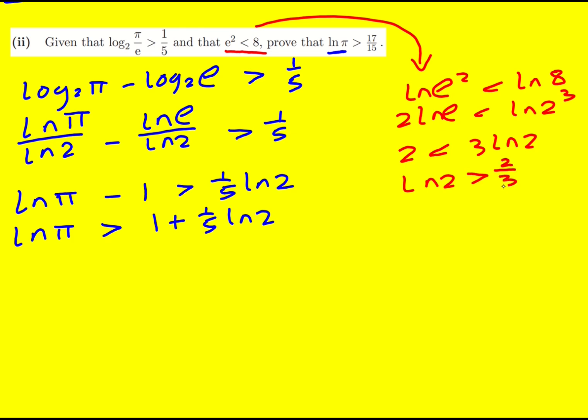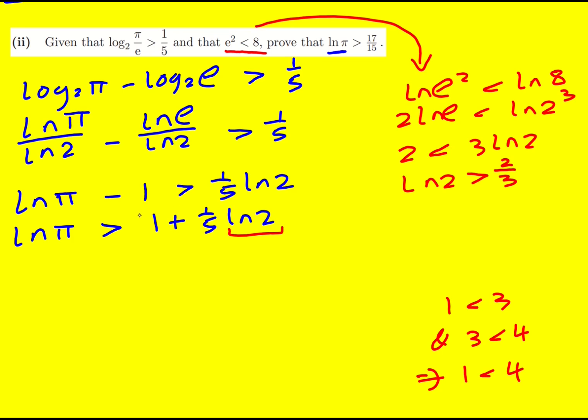than 2/3. So because that's true, because ln pi is greater than 1 plus 1/5 ln 2, we can replace this by a smaller amount and it will still be true. Because if we have something like 1 is less than 3 and 3 is less than 4, then this implies that 1 is less than 4. Okay, it just follows as a result. So it's a similar sort of thing happening here.